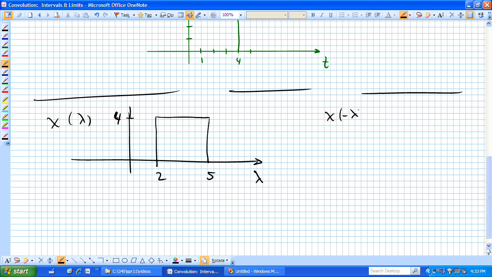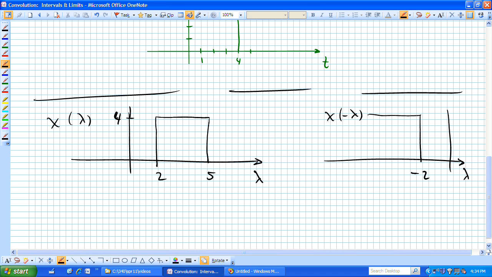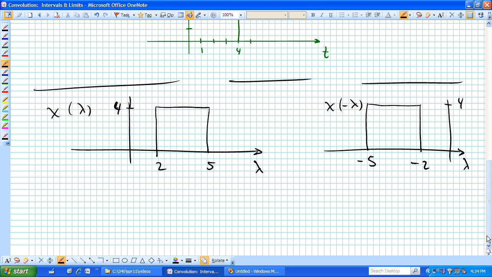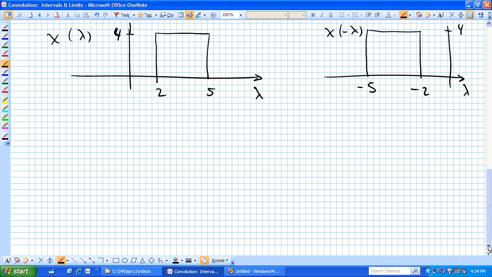X of minus lambda, if we now flip that across lambda equals 0 or the vertical axis, will now give us a non-zero waveform between the lambda values of minus 5 and minus 2, and we haven't adjusted the functional form of that x of lambda. It's still a constant value of 4.